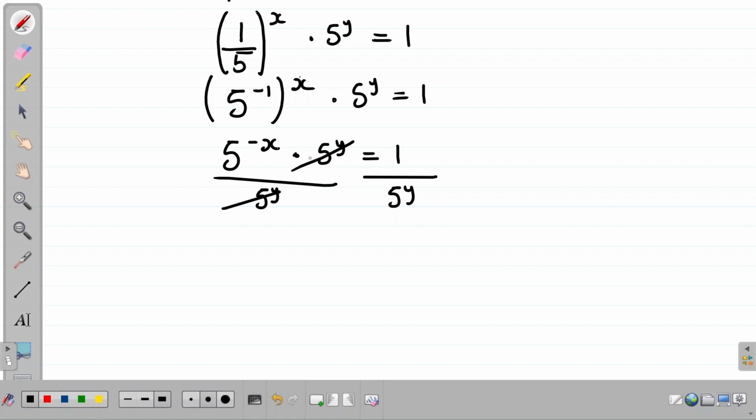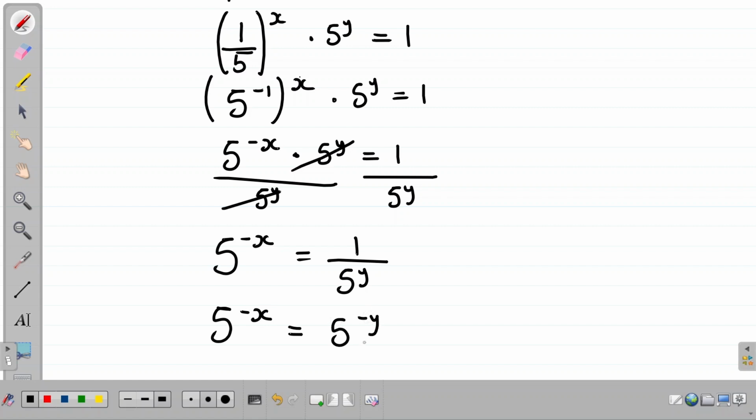So our equation becomes 5 raised to the power of negative x equal to 1 divided by 5 raised to the power of y. So we can express our equation as 5 raised to the power of negative x equal to 5 raised to the power of negative y.